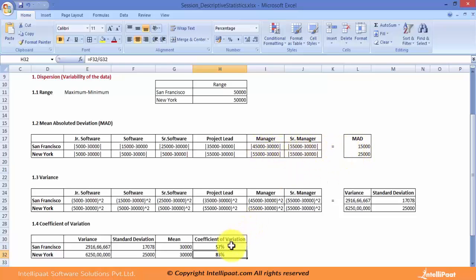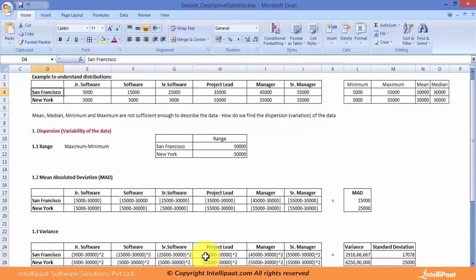And the coefficient of variation also tells us that there is not much variation in the data compared to the people in New York. All right. So there are cases where, whenever you summarize the data, you get the same kind of values, but the data properties are different.